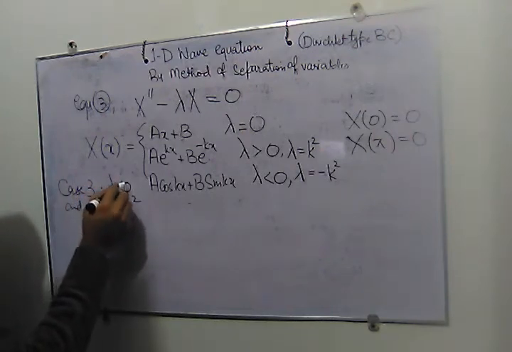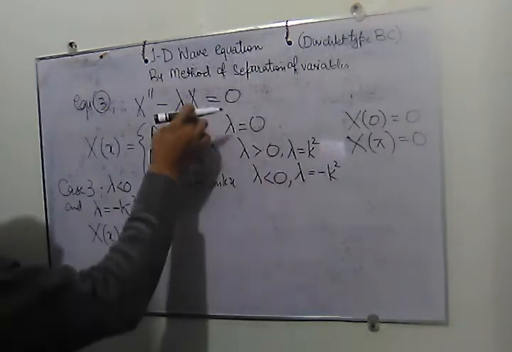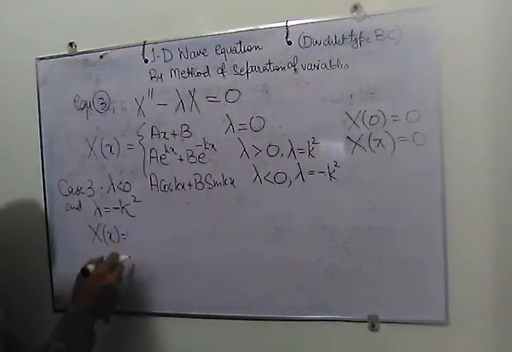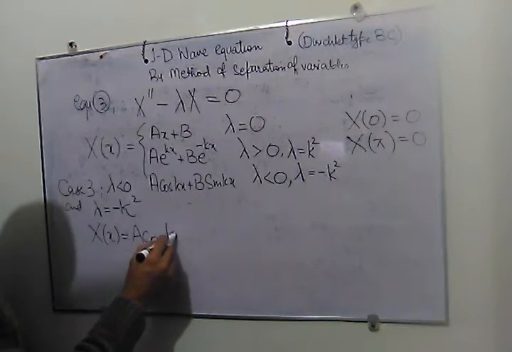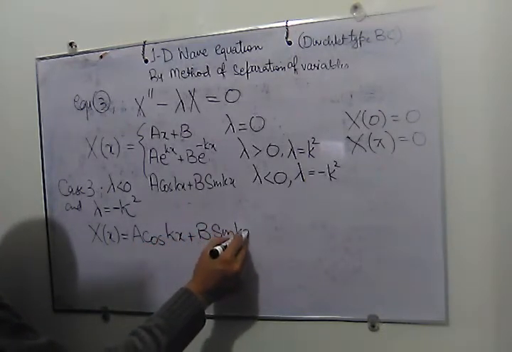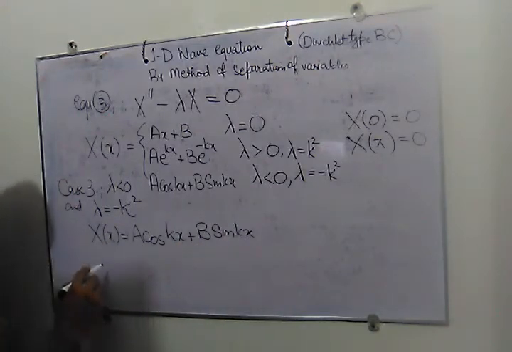When lambda is less than 0, the solution that satisfies this differential equation is in the form of cos and sine. So this is a cos kx plus b sine kx. To find the values of the coefficients, we put the boundary conditions.